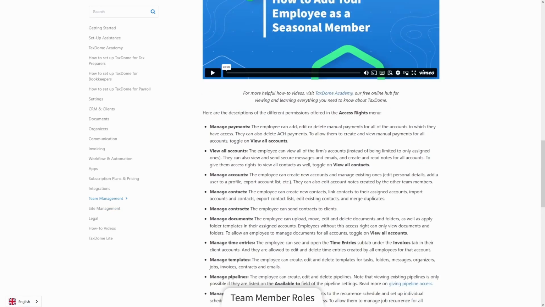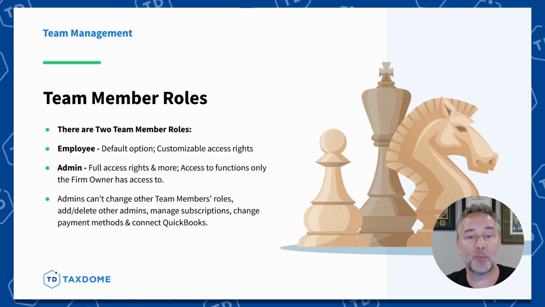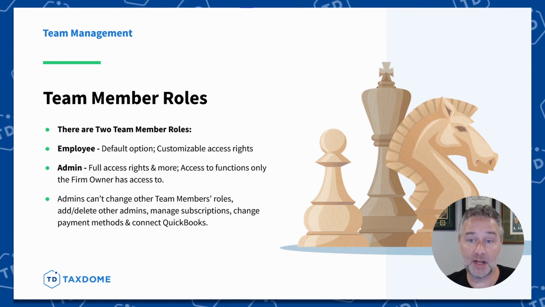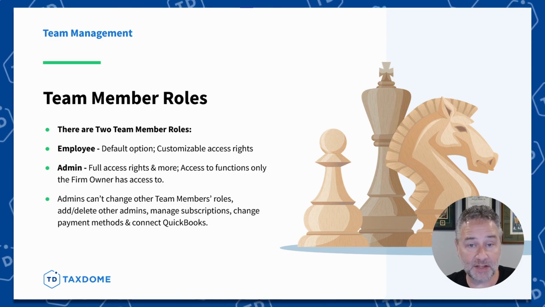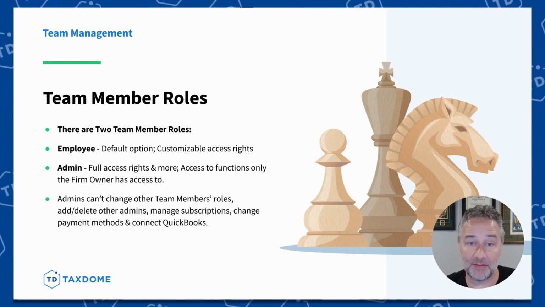All right, let's take a step back for a moment and talk about the team member role. I mentioned that you can select it here, but I didn't explain what the actual difference is. The employee role is the default option. This means that you'll select all the rights for them here, and they won't have access to anything beyond that.